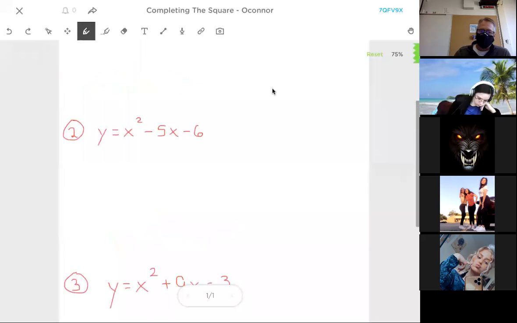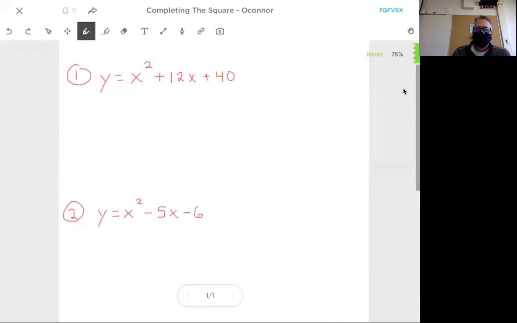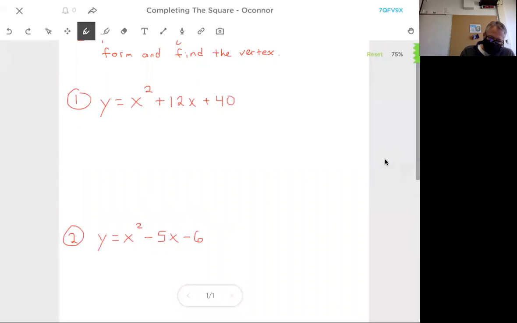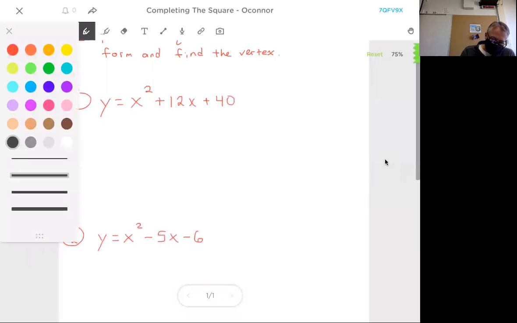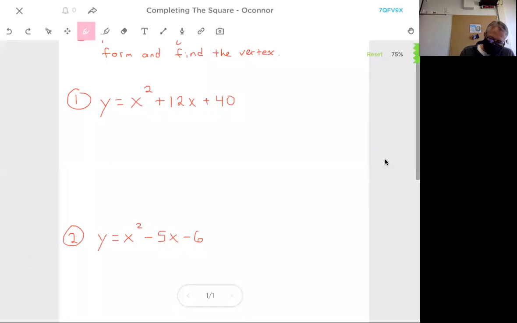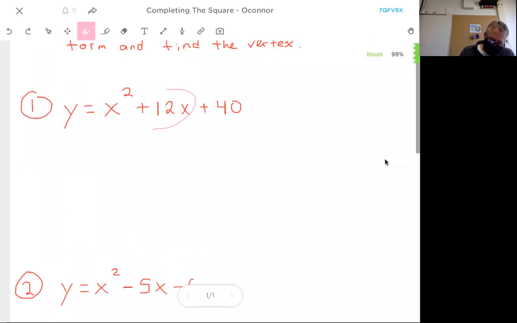All right, I thought we would go over these together, and it looked like many of you were doing pretty well with it. So let's take a look at the first one. First, we want to find the magic number. To find that, we take half of the b term, which is 6, and 6 squared is 36. So 36 is the magic number.